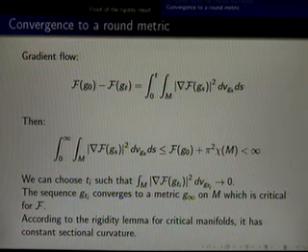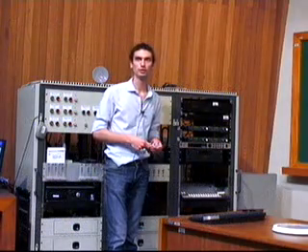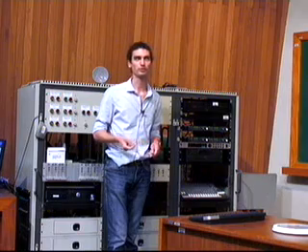So you can find a subsequence of times such that the flow converges to a manifold of constant sectional curvature, so of positive constant sectional curvature because the Yamabe invariant is positive, and then it will be a quotient of the sphere, so S4 or RP4. Thank you for your attention.